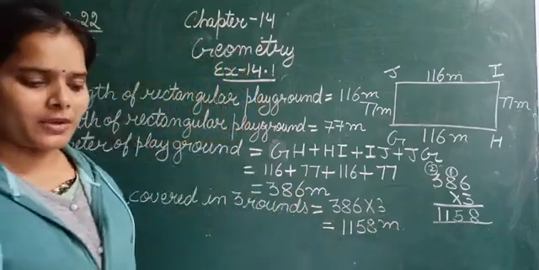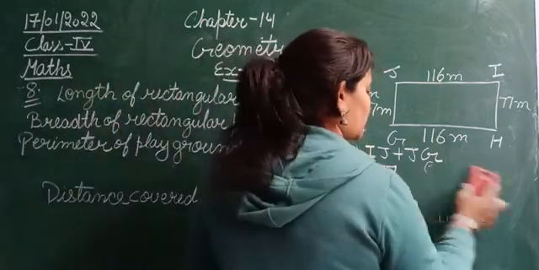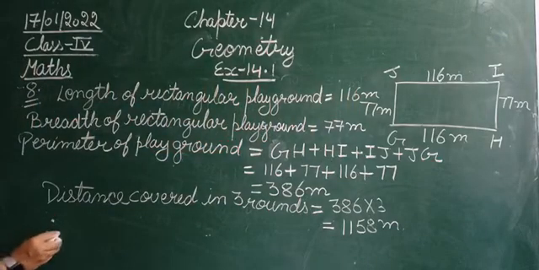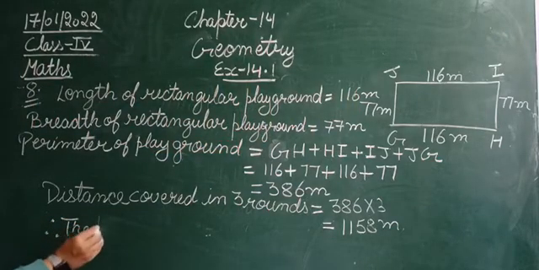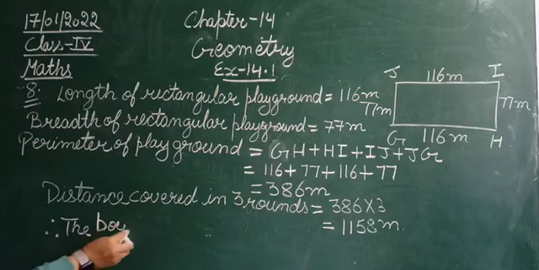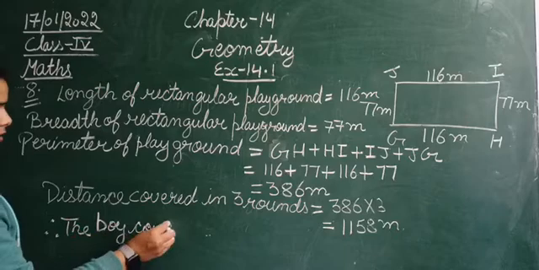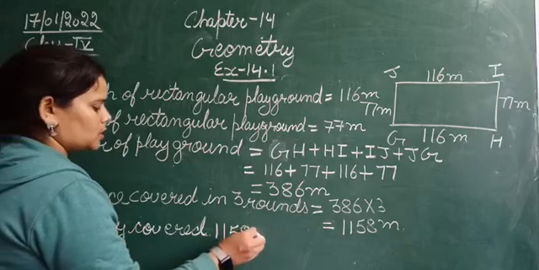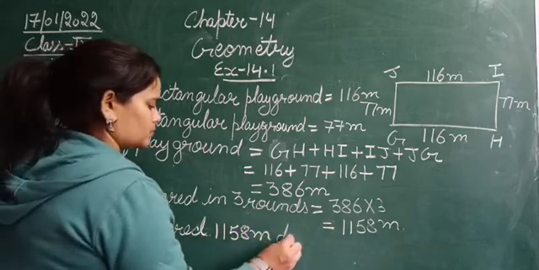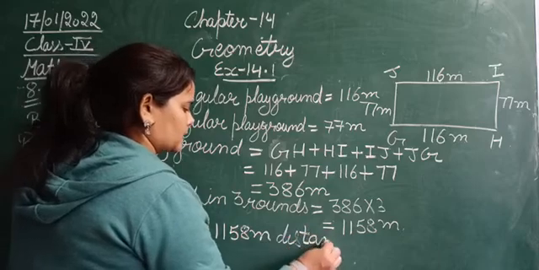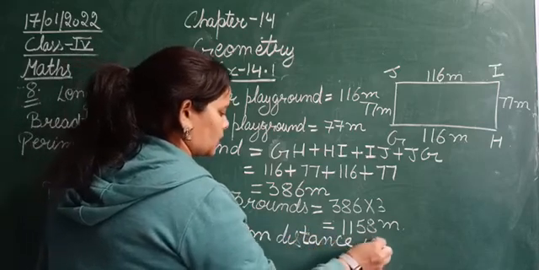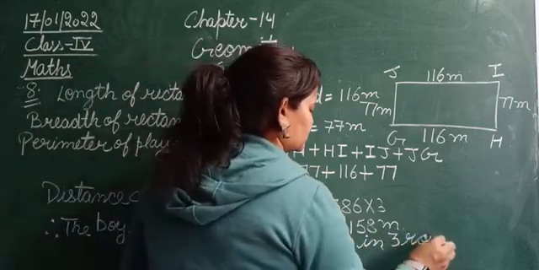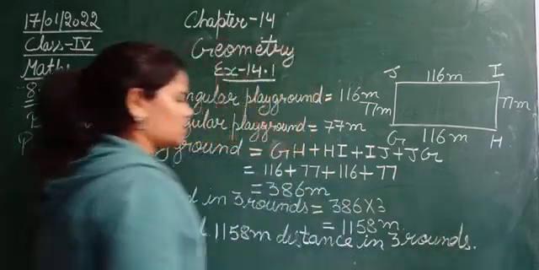So the question was, how much distance does he cover in 3 rounds? Therefore the boy covered, write down the solution sentence, therefore the boy covered 1158 meter distance in 3 rounds.